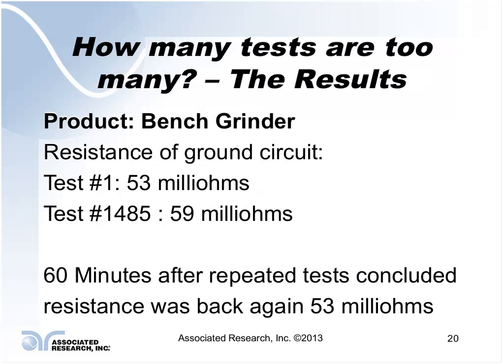The resistance of the ground circuit on the bench grinder, including the line cord, from the line cord to the chassis, was 53 milliohms on test number 1. On test number 1,485, the resistance was indicating 59 milliohms. We waited about an hour, and we repeated the test. One thing that we noted is the resistance of the ground circuit, after an hour, was back down to 53 milliohms.